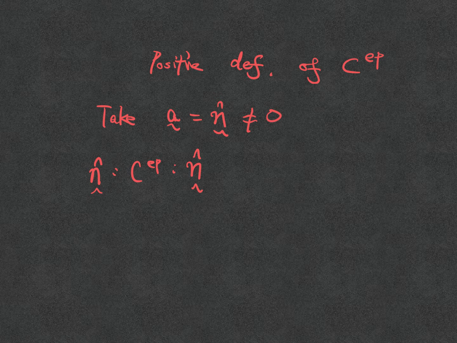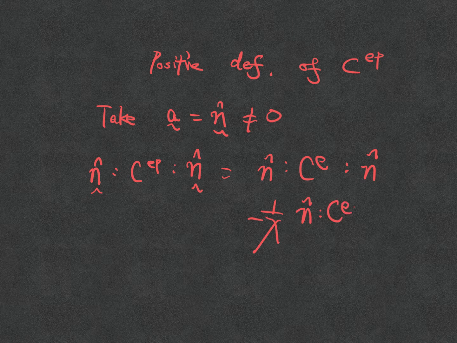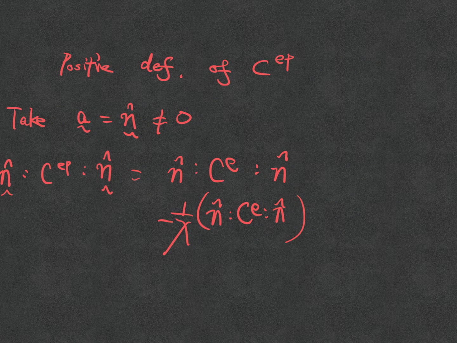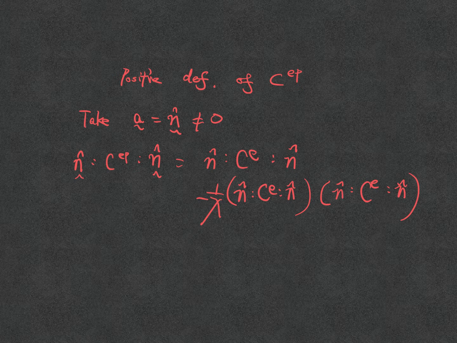So what happened to this term? Now I need to write it out. This term is equal to N double dot CE double dot N, minus 1 divided by X, N double dot CE double dot N times N double dot CE double dot N. Okay, so what happened?